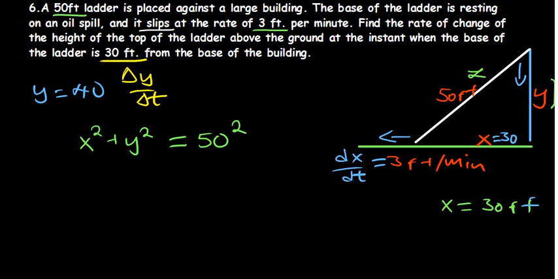Okay, so our goal is to find the change of y. So what can we do there? We can try to differentiate everything in respect to t. So for the first part, derivative of x will be 2x. Now we are differentiating x in respect to t. And then for the other part, it will be 2y. We're differentiating it in respect to t as well.